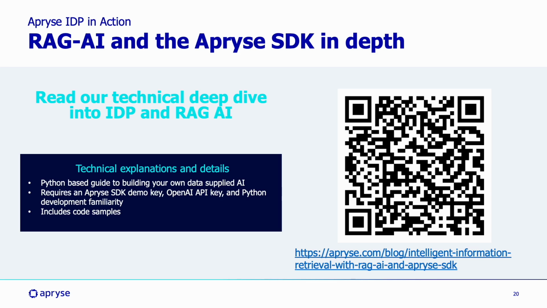It is utilizing OpenAI as the LLM to power the front end to your private information, if you want to call it that. But the information that you build for your LLM is hosted by yourself and uses the Apryse SDK to extract data from PDFs to build up that repository. So please take a scan and check out this blog article, and you can learn a lot more detail than we can go into in this webinar about RAG AI.